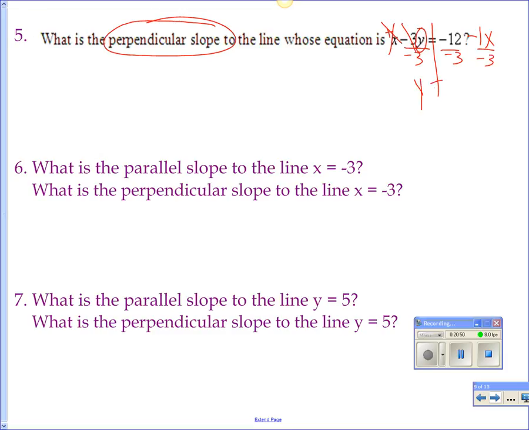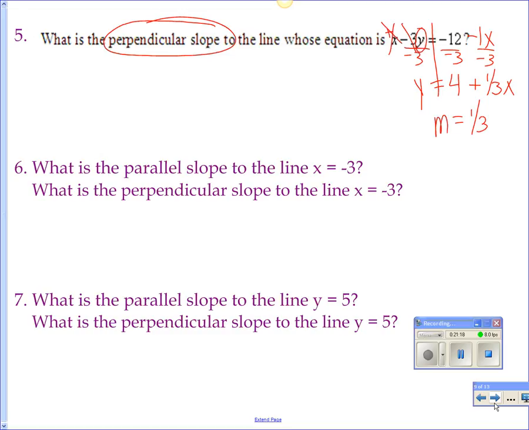So I get y equals 4 plus 1/3 x. Zaria, what's my m? Very good. M equals 1/3. Joey, what's one of the keywords I circled? What is it asking for?